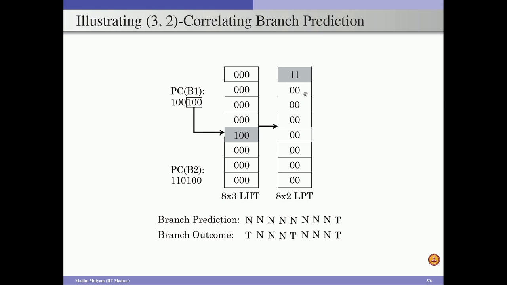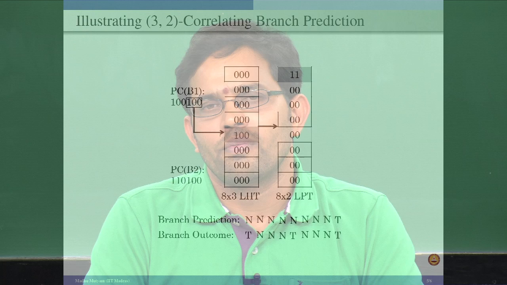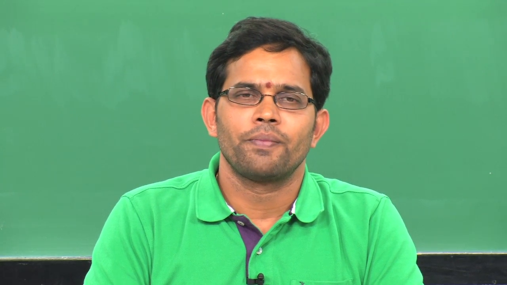But now with this example (3,2) correlating branch predictor, we have a total of 16 entries: 8 entries having 3 bits each and the other 8 entries having 2 bits each. So, effectively we are going to have 40 bits compared to the 16 bits of the 2-bit dynamic branch prediction mechanism with an 8-entry table.